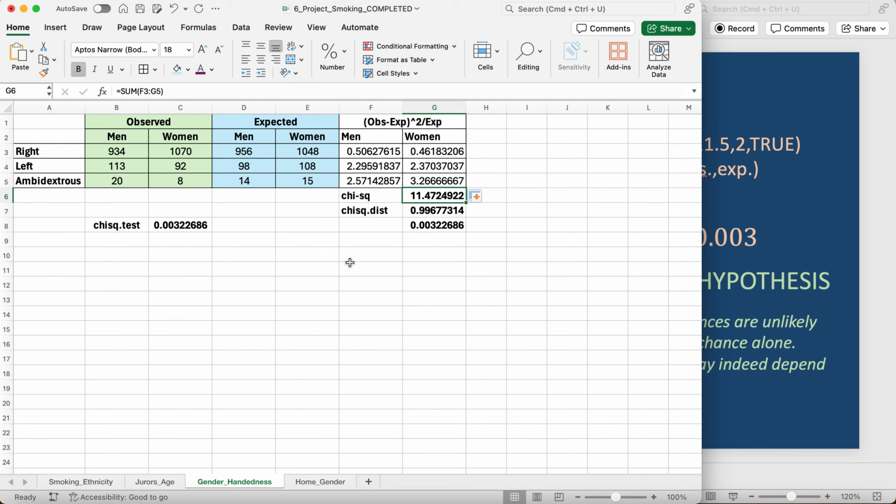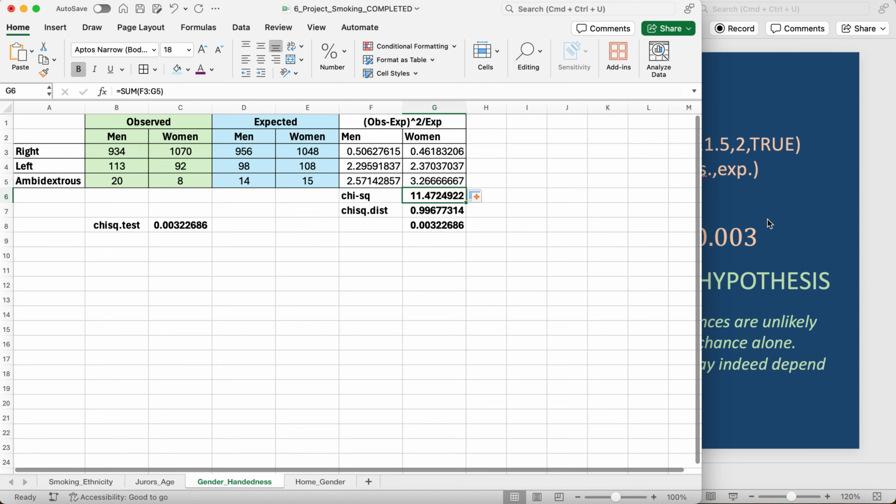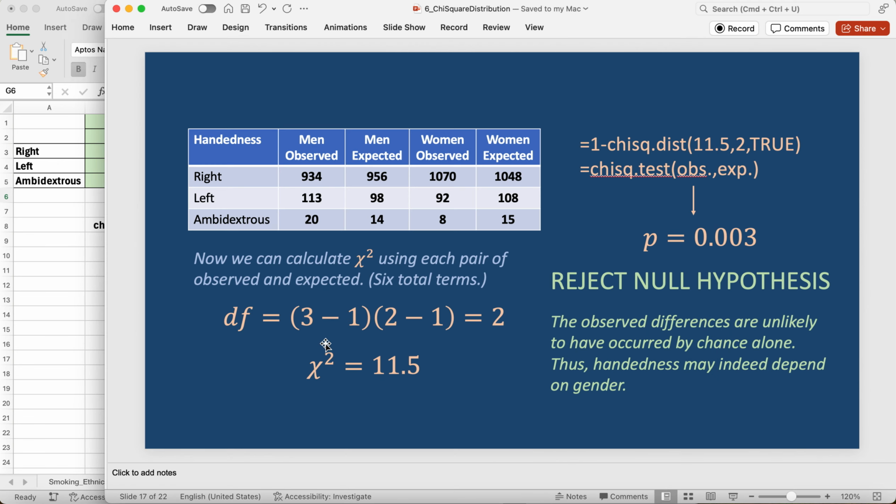Now for degrees of freedom. In these independence tests, we have essentially 2 categorical variables, and so the number of categories in each one matters. So if we come over here, the calculation for degrees of freedom in a single categorical variable is n minus 1.